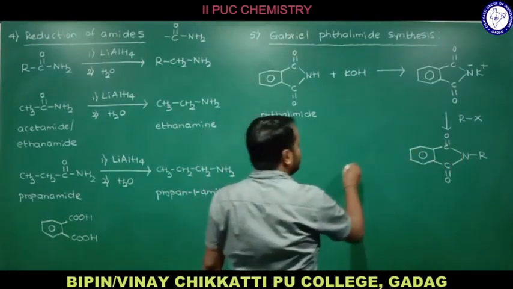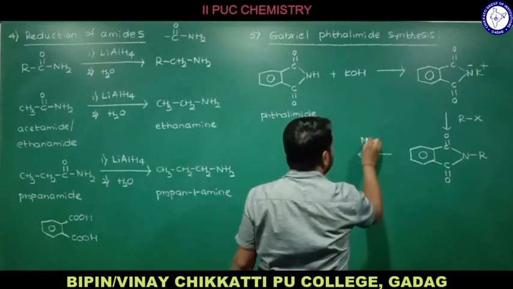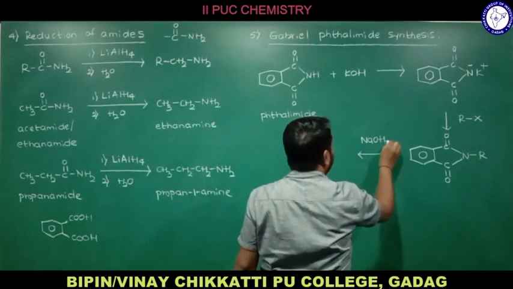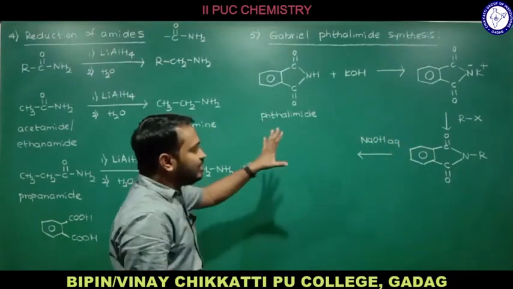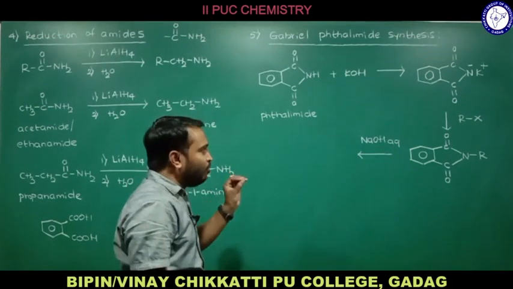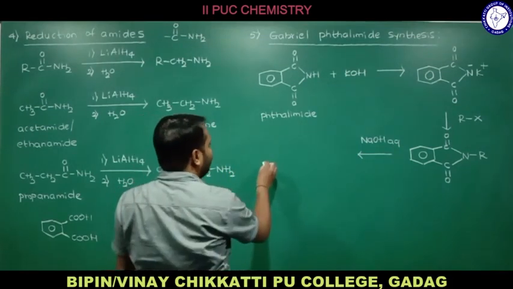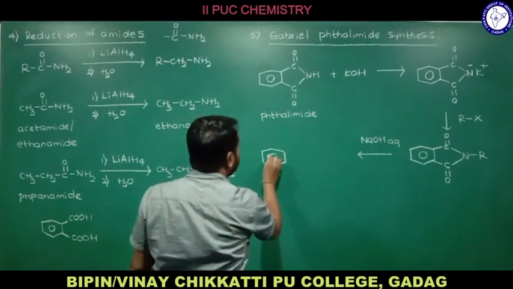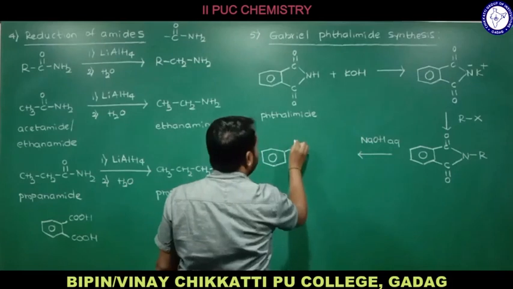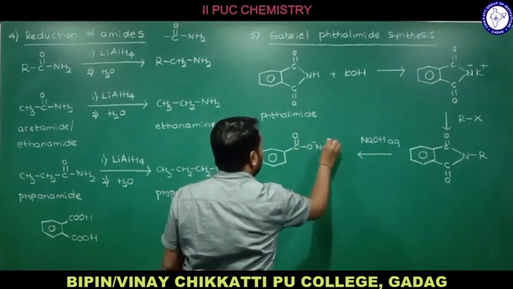When this N-alkyl phthalimide is treated with a strong base, that is aqueous sodium hydroxide, we get the sodium salt of phthalic acid, and here I am going to write O minus Na plus.